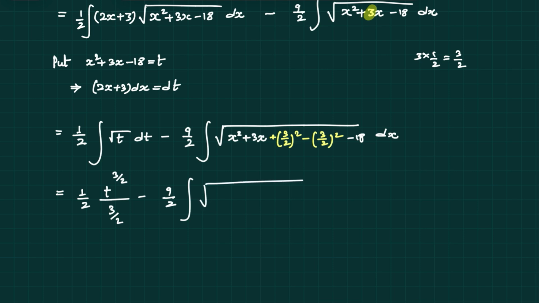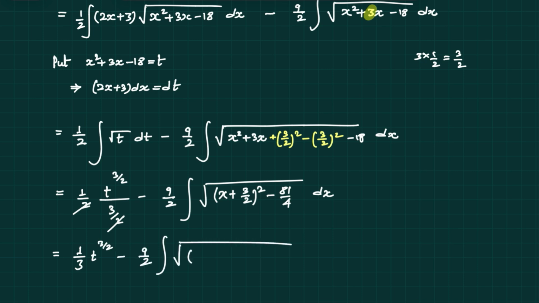The first three terms make x plus 3 by 2 whole square, and on simplifying the last two terms, we will have 81 by 4, dx equals, here 2 and 2 will get cancelled, so we will have 1 by 3 t to the power 3 by 2 minus 9 by 2, integration of square root of (x plus 3 by 2) whole square minus 81 by 4, which is (9 by 2) whole square, dx.